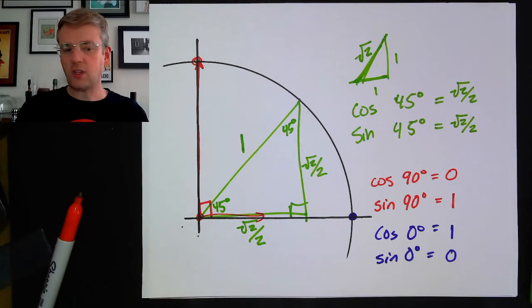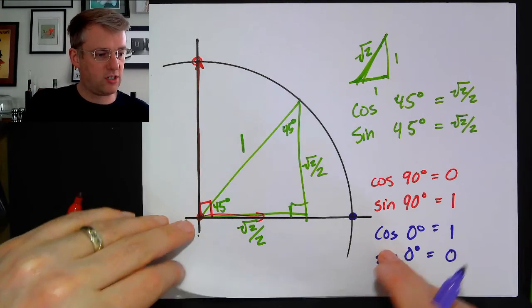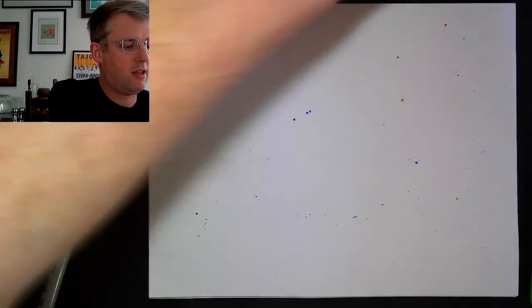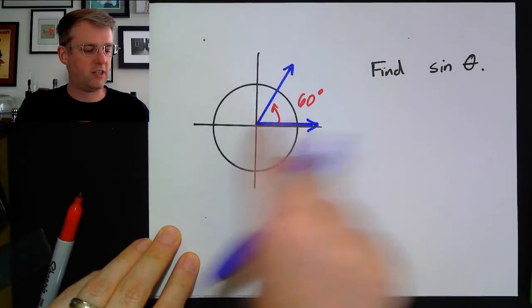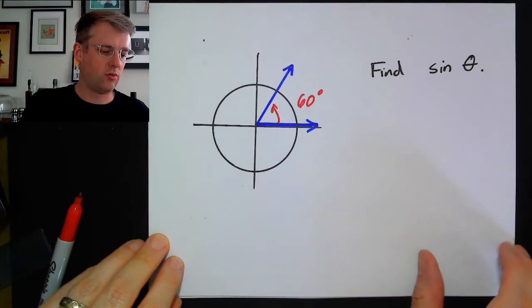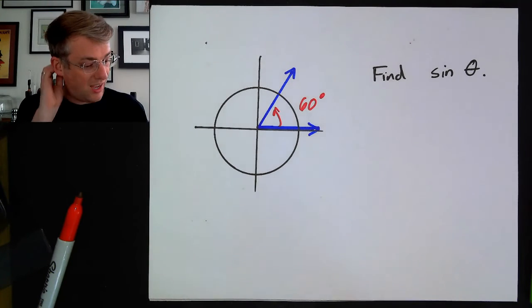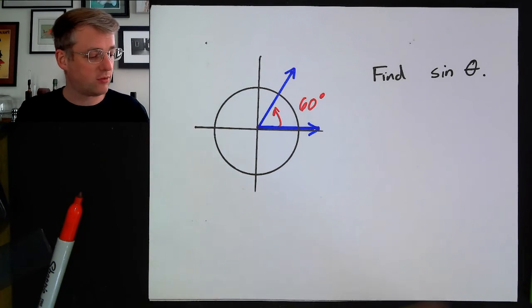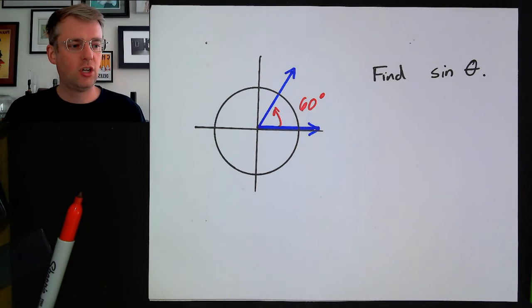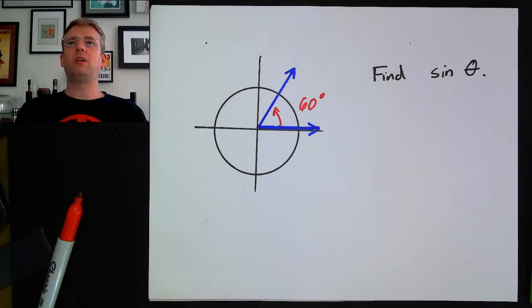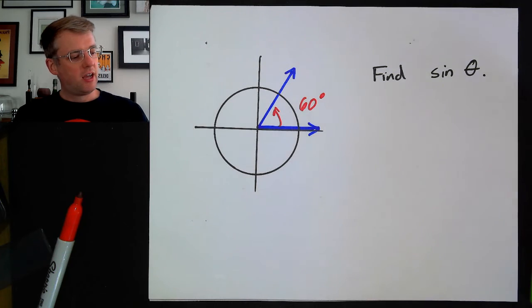So, when you're asked to do this in the problem set, you're going to get a little drawing. I think it doesn't include the circle, but it does include an angle on coordinate axes. If we want the sine of 60 degrees, we just have to think about what we just did or look it up on a reference document, because that's not so tough.